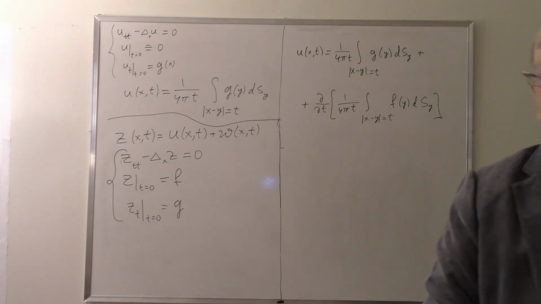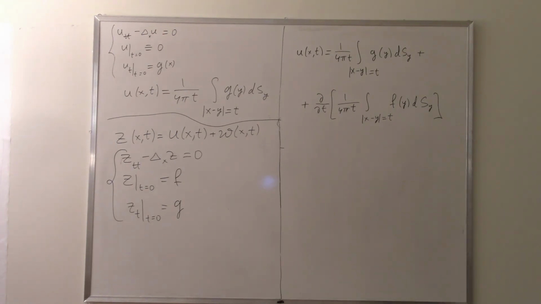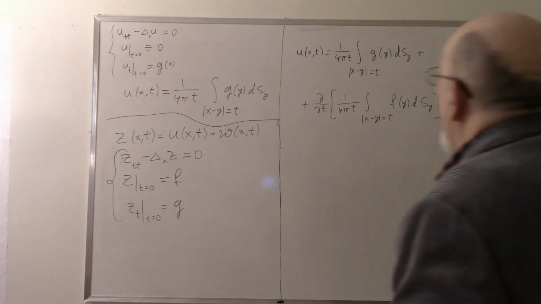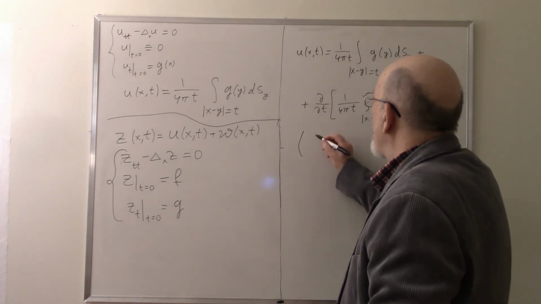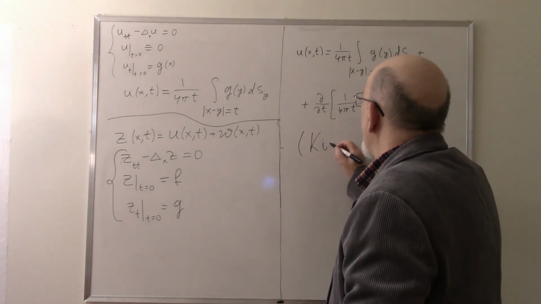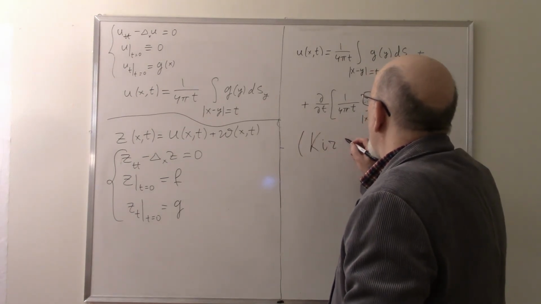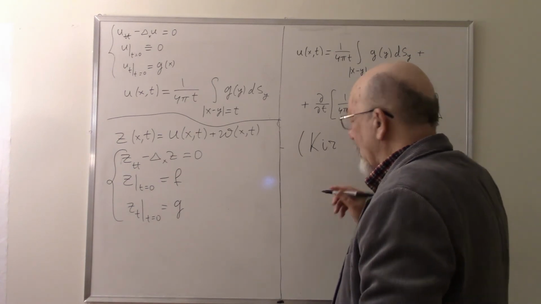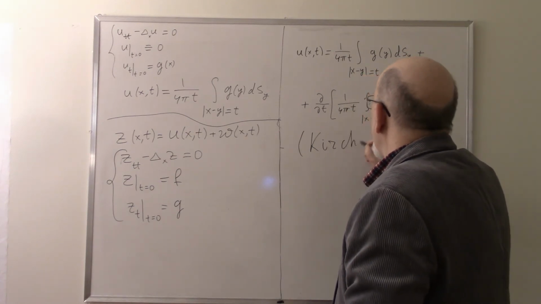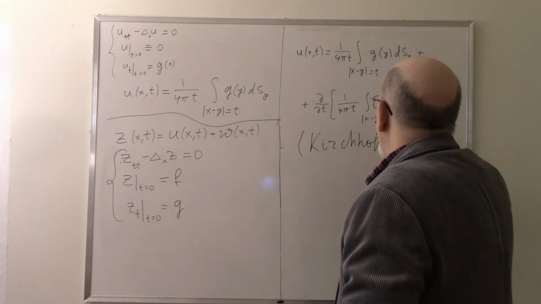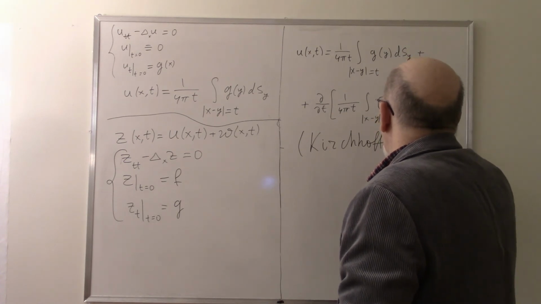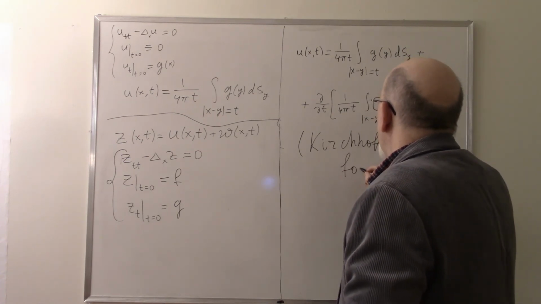So this is a full explicit solution. This formula is called Kirchhoff's formula.